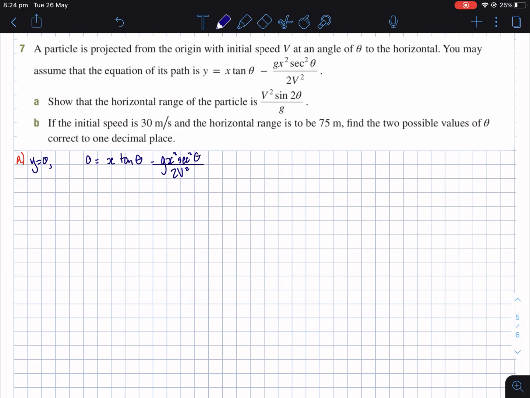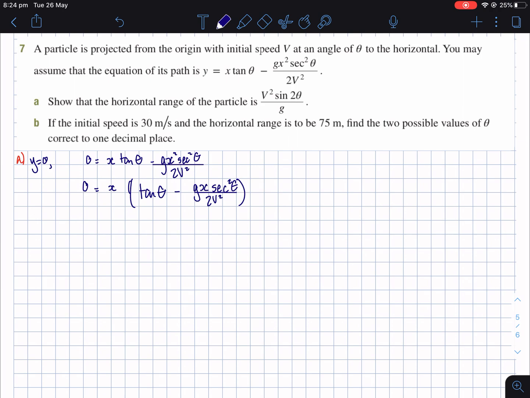Okay, now we're just trying to solve for x. So I'm going to take x at the front, and I've got tan theta, take gx sec squared theta over 2v squared.